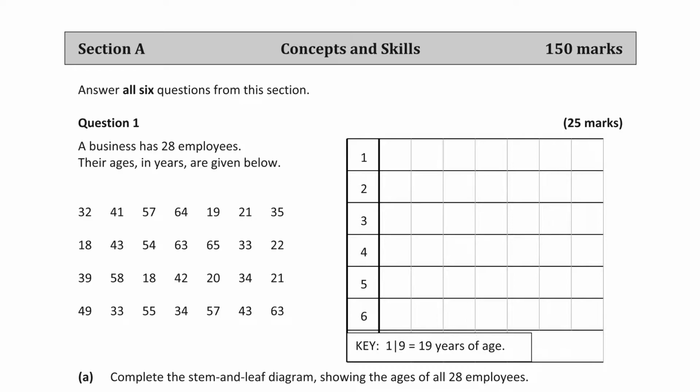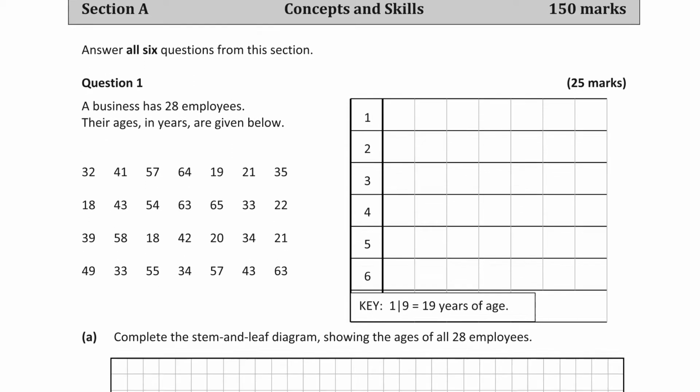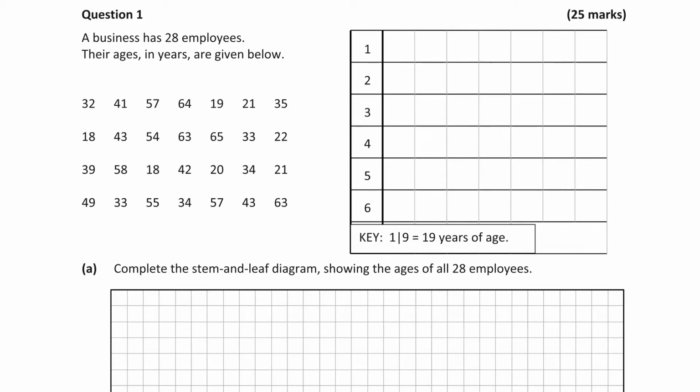The most important thing you need to do is make sure that you put them in order from smallest to largest. We've got loads of room here, so we can write in the smallest to largest there.